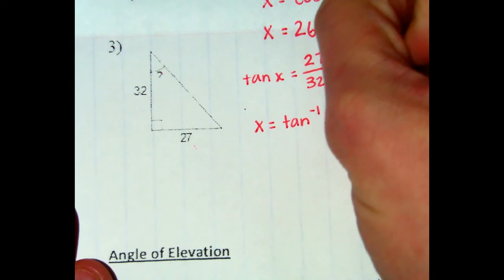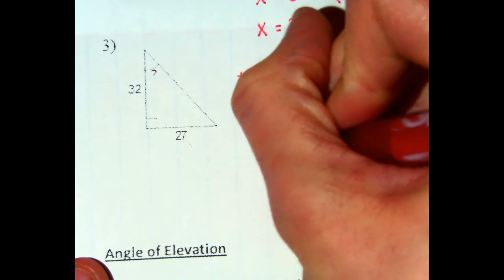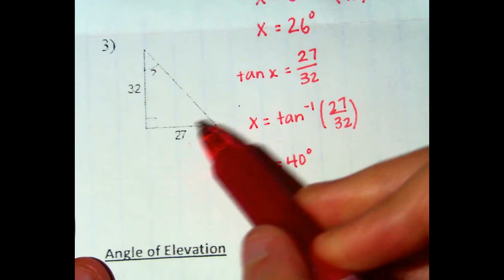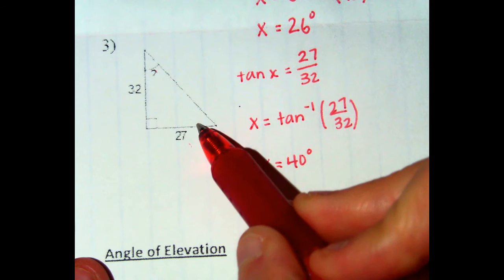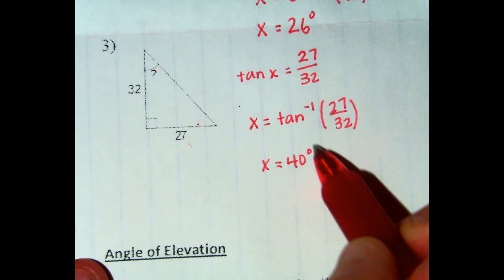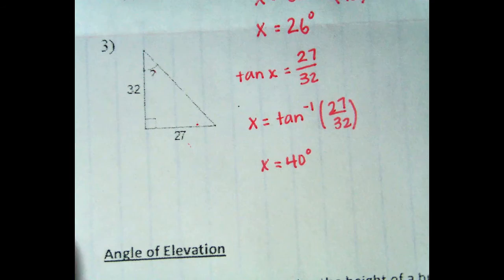The inverse tangent of 27 over 32. Alright, and what was your angle? Very good. If you wanted to find this angle, what would it be? You could do 32 over 27. You also can find it using this, but yep. So it'd be 50.